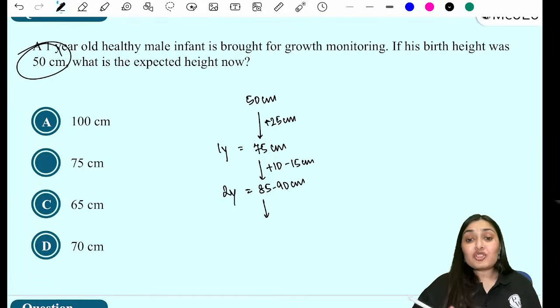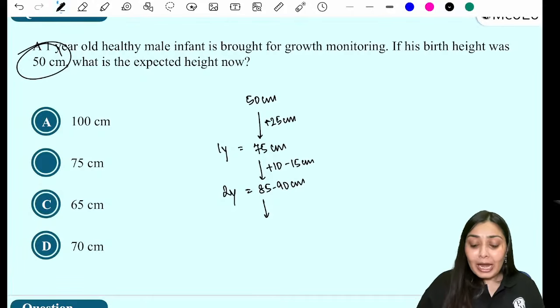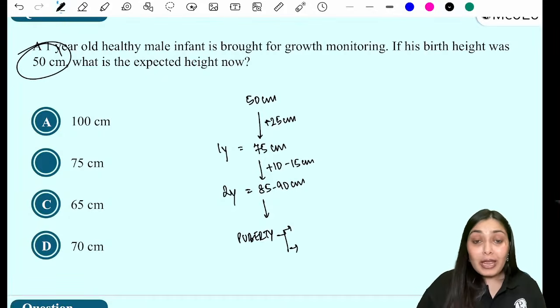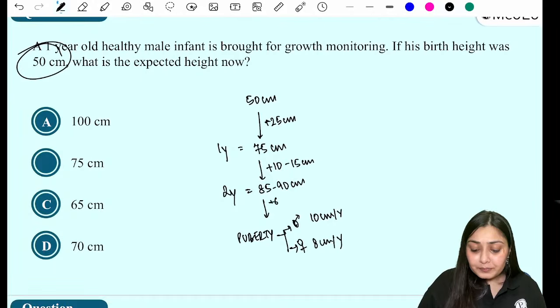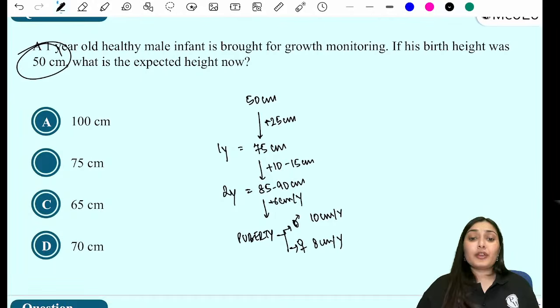Then the child gains around 6 centimeter per year till puberty. At puberty, the child is again going to have a spurt. So males can grow up to 10 centimeter per year and females can grow up to 8 centimeters per year. Right? So this is about the increase in the height or length.